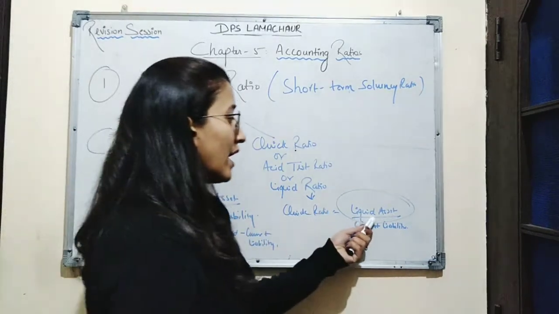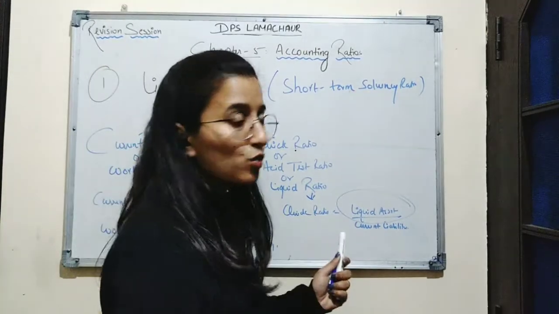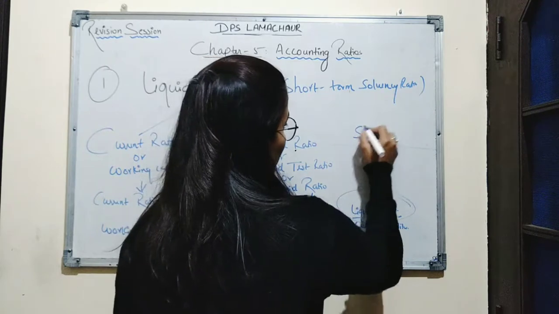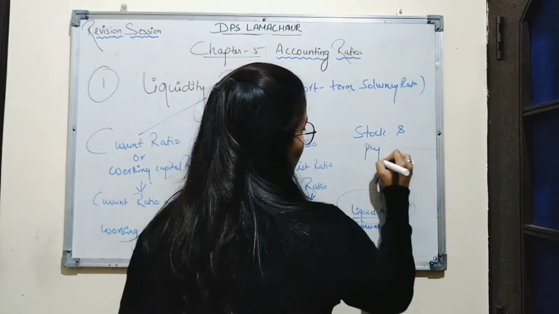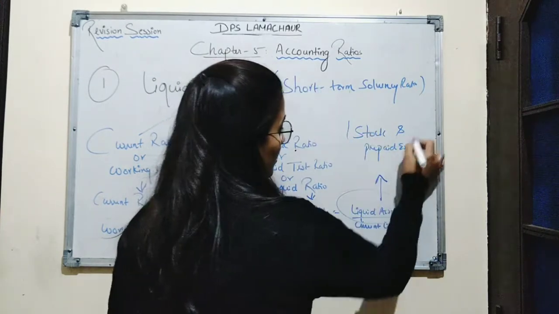So liquid asset includes all current asset except two things. Liquid asset does not include stock and prepaid expenses.